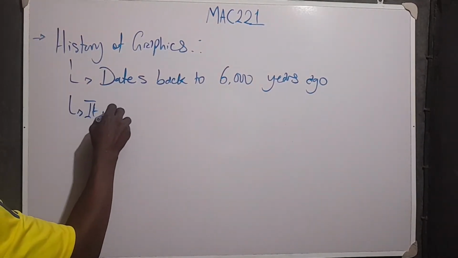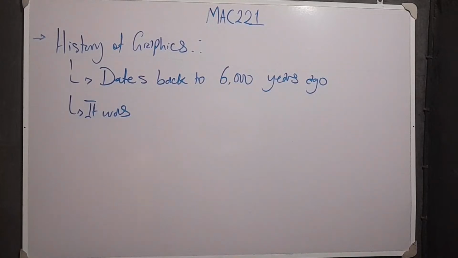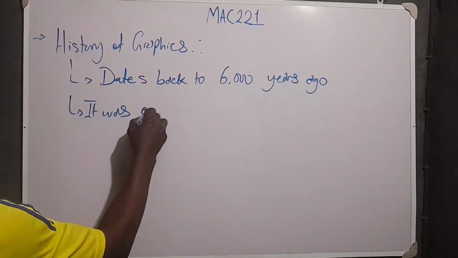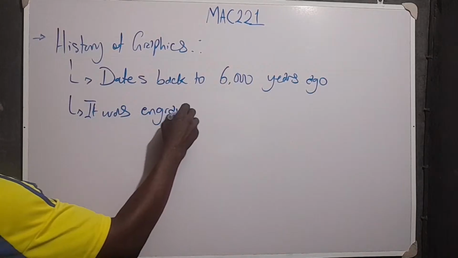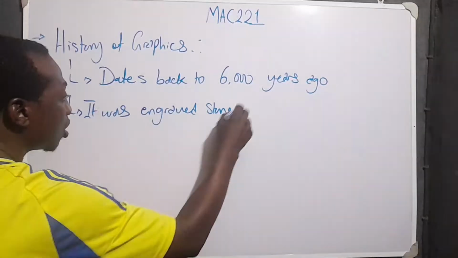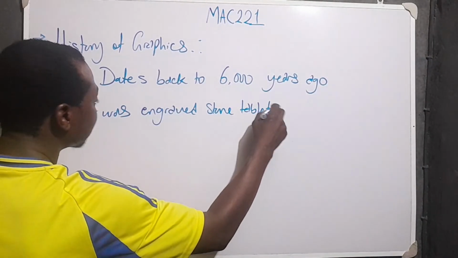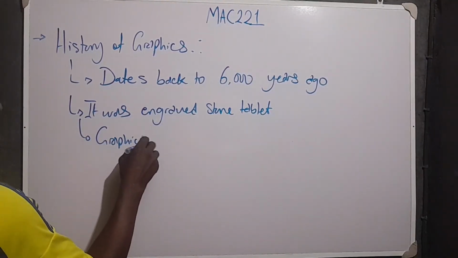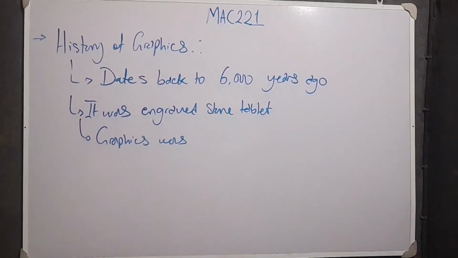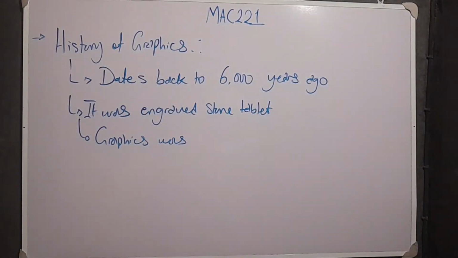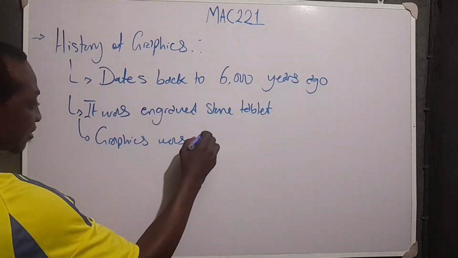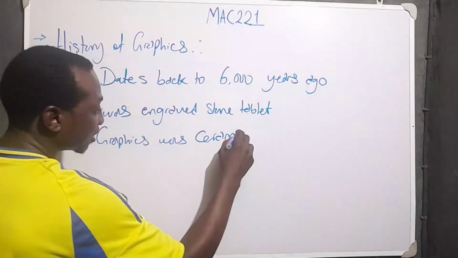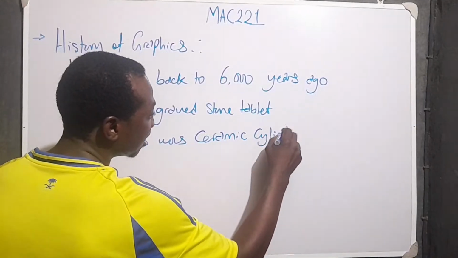Graphics was engraved stone tablets, and it was also ceramic cylinder seals.